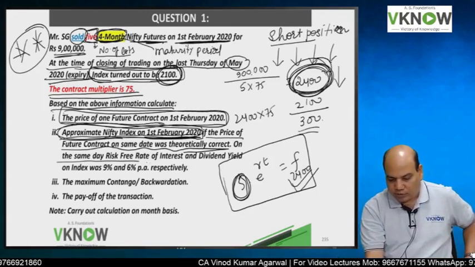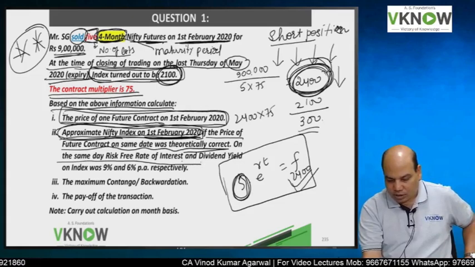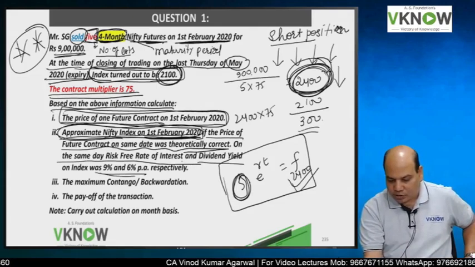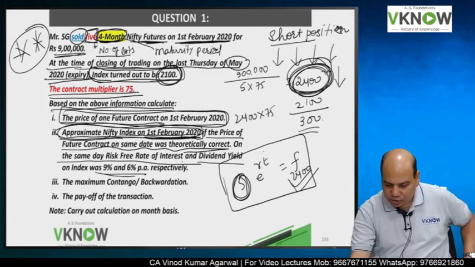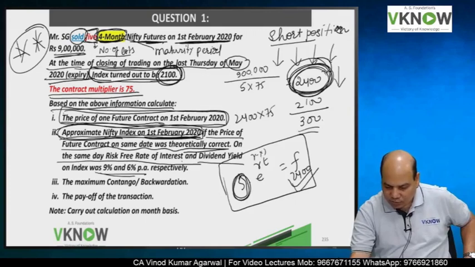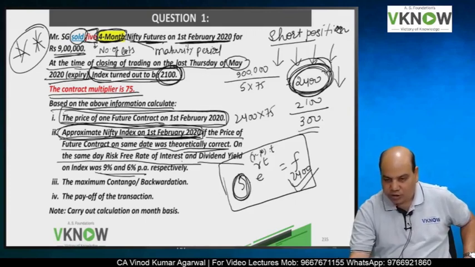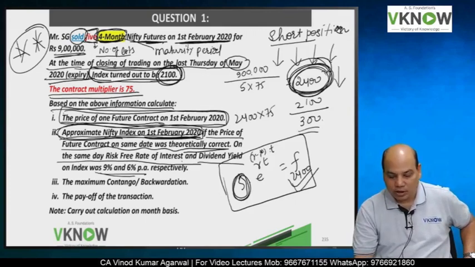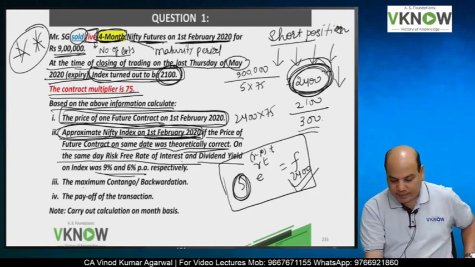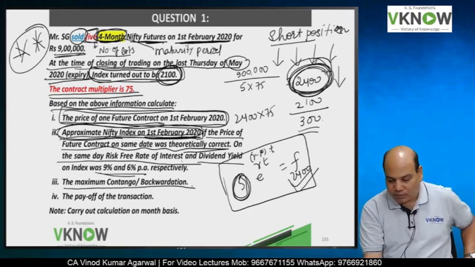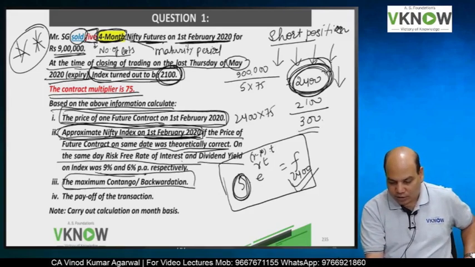On the same day, risk-free rate is 9% and dividend yield is 6%. So the formula will be e to the power r minus y into t. When yield is also given, r minus y. Maximum contango or backwardation, this I will tell you later.